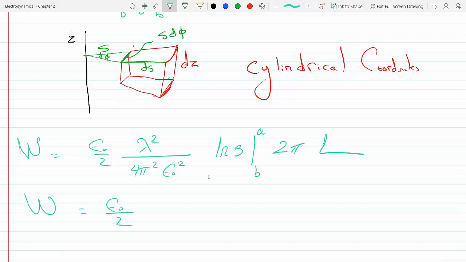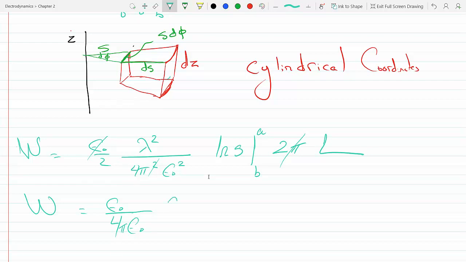We have a pi cancelling here and a 2 cancelling. So we're left with 8 and 2, so this is 4. One epsilon cancels out, we get an epsilon left and a pi left, so 4 pi epsilon, right?